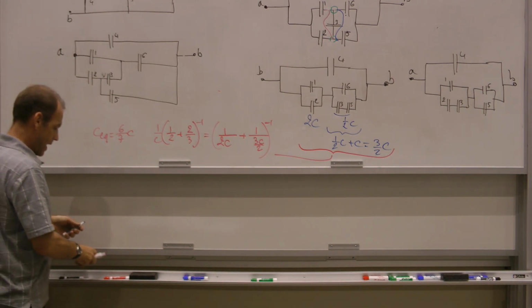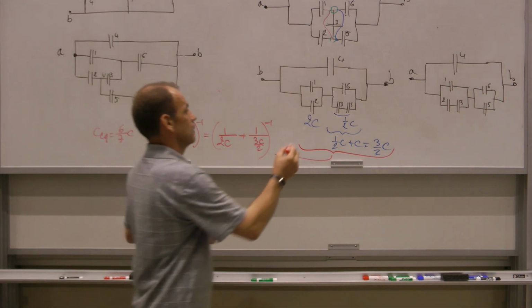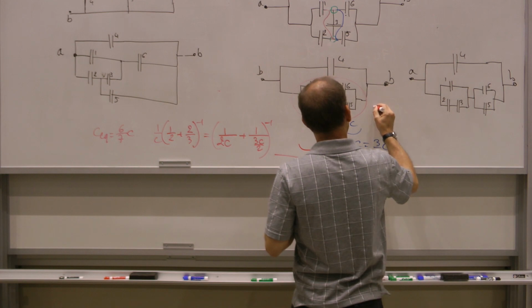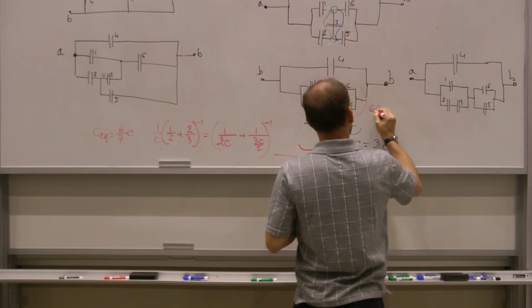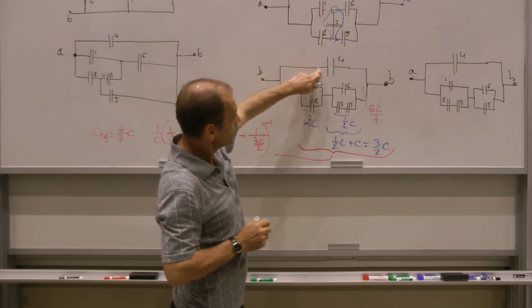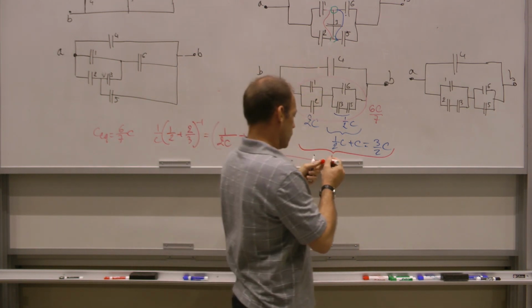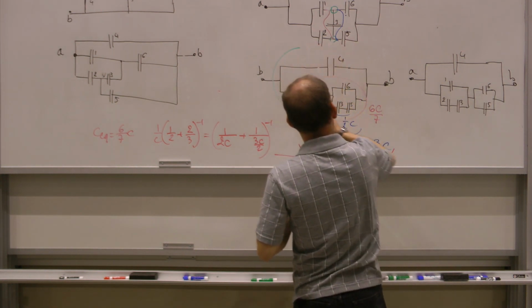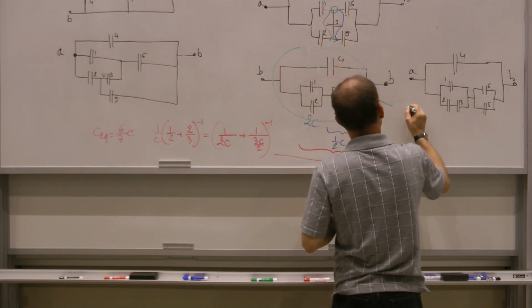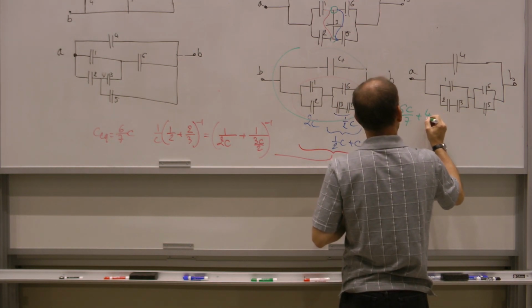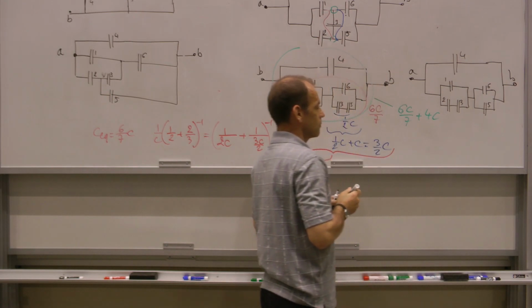So now I have this whole part here is equal to 6C over 7, which I have in parallel with 4. So the net capacitance for this is going to be 6C over 7 plus 4C.